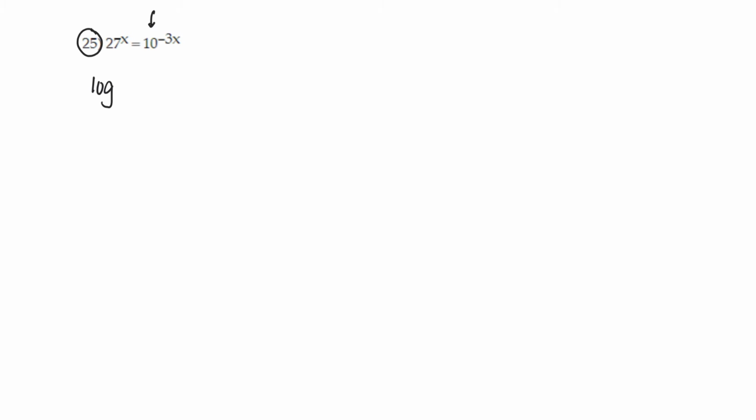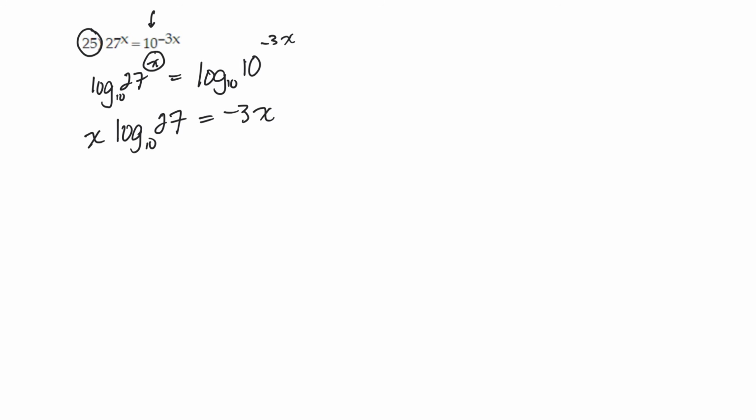Since this is base 10, I'm going to use log base 10. So it'll be log base 10 of 27 to the x is equal to log base 10, maybe I'll put the base in, no harm in that, log base 10 of 10 to the minus 3x. Okay, so we've learned that I can bring that exponent out to the front. So it'll be x times the log base 10 of 27 is equal to negative 3x times log base 10 of 10.